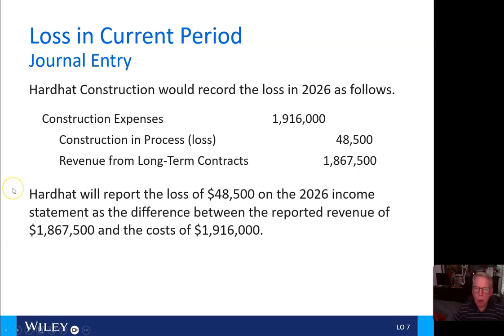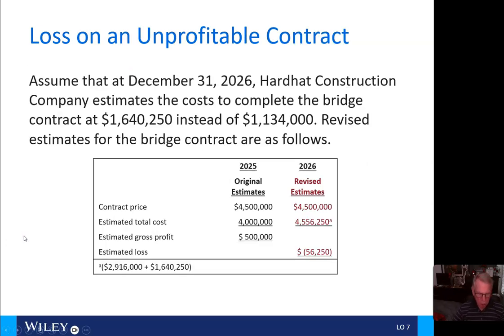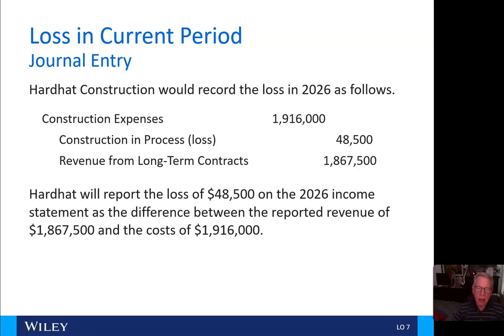Hard Hat will report the loss of $48,500 on the 2026 income statement as the difference between the reported revenue of $1,867,500 and the costs of $1,916,000.